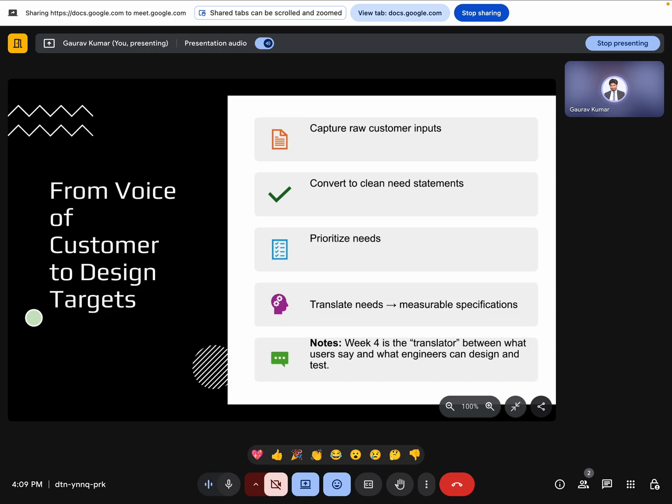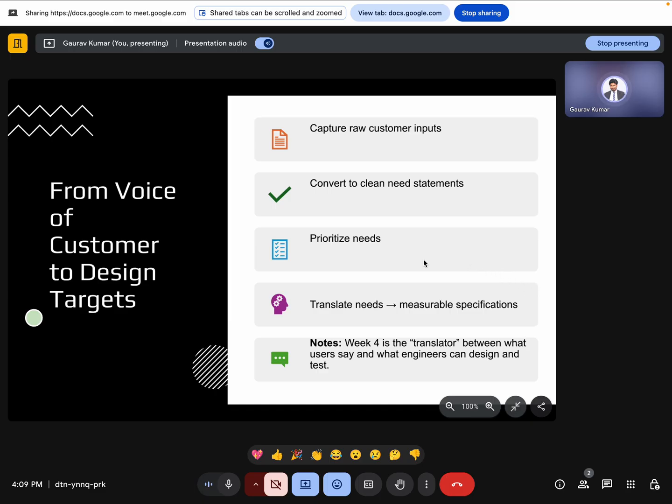Finally, I translate the top needs into measurable specifications, metrics with targets and units, plus the test methods we will use to verify them. By the end of this cycle we have artifacts that any engineer, supplier, or quality assurance lead can pick up and use without ambiguity.